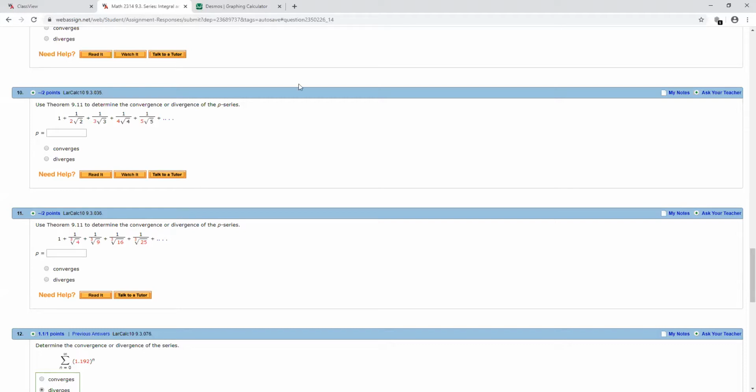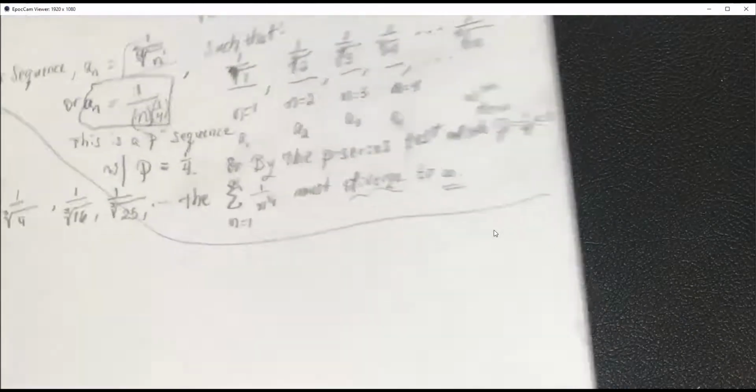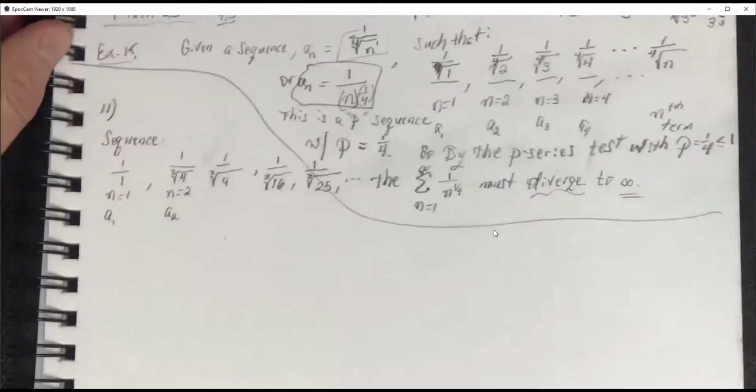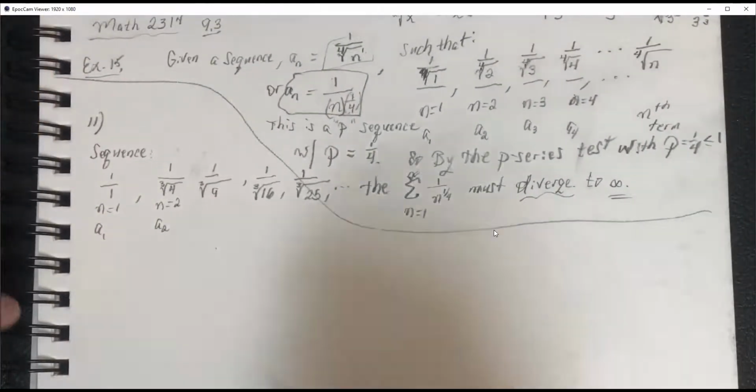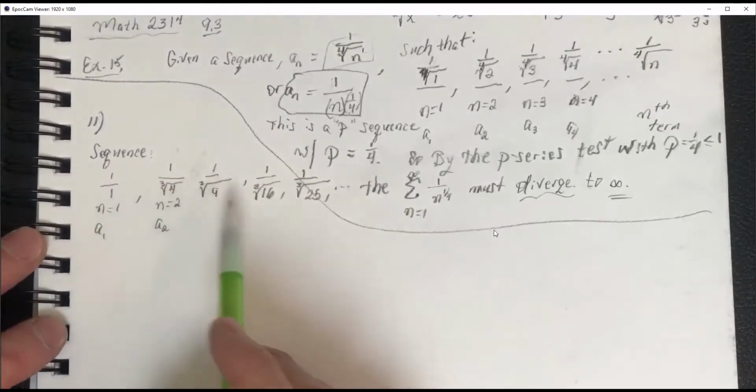I'm going to switch to my notebook. Number 11. Here are the terms they gave us.